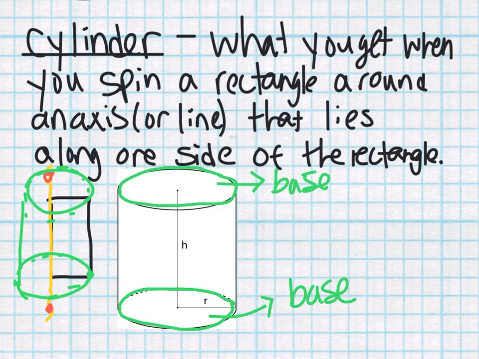In a cylinder, the base is a circle. Since the base is a circle, there is a radius right here. Radius is important. And the other important thing in a cylinder is we need to know how tall it is.